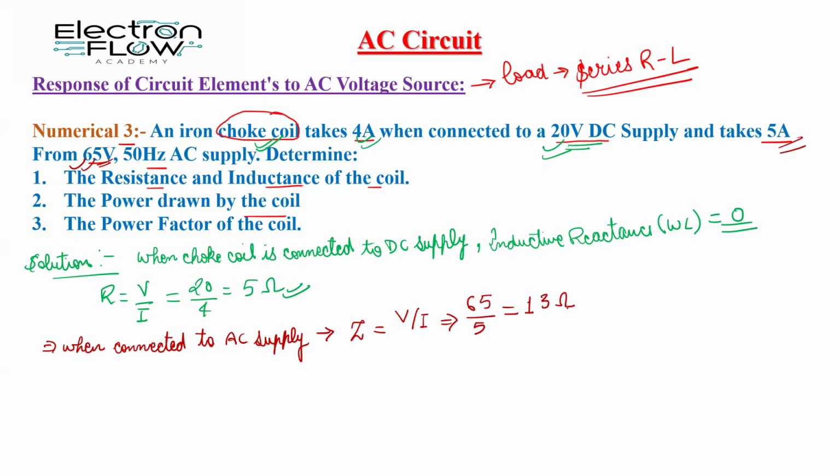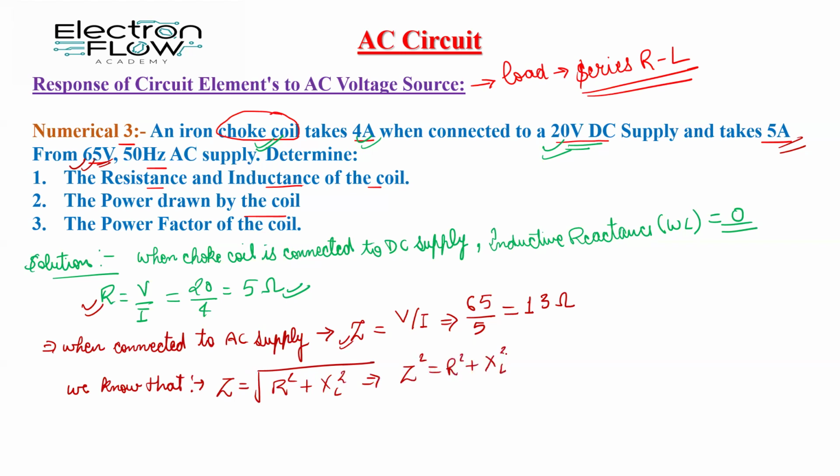So here we have calculated the value of Z and the value of R. We know that Z is equal to the square root of R square plus XL square, or Z square equals R square plus XL square.